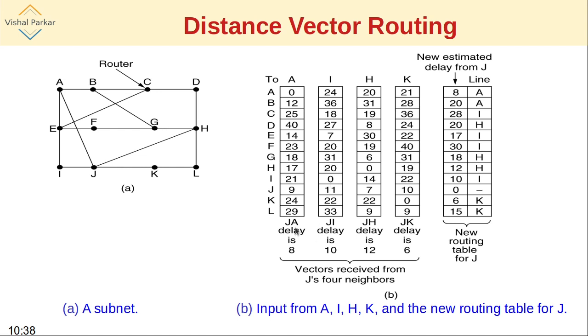Similarly, the delay to reach Z from each of its neighbors is also given, that is ZA delay is 8, ZI delay is 10. So here the physical distance, if the diagram is drawn up to scale, the ZA distance is seen to be more in physical terms as compared to ZI distance, but there may be some properties of the line, for example the load on the line, or maybe the bandwidth of the line.